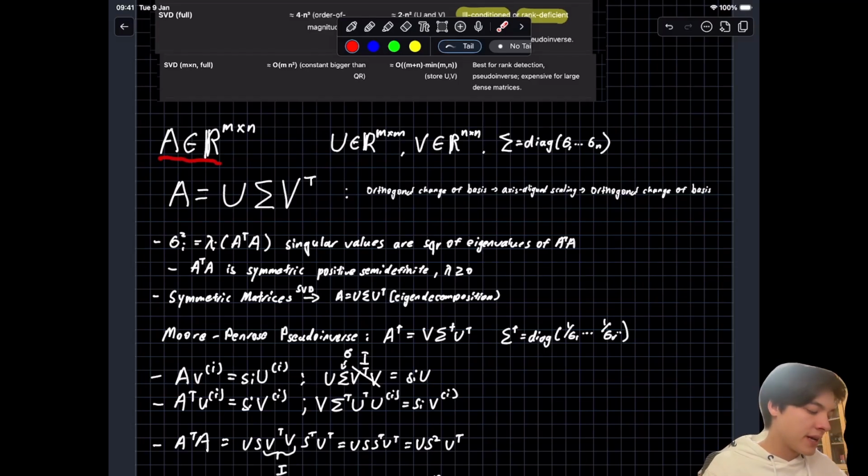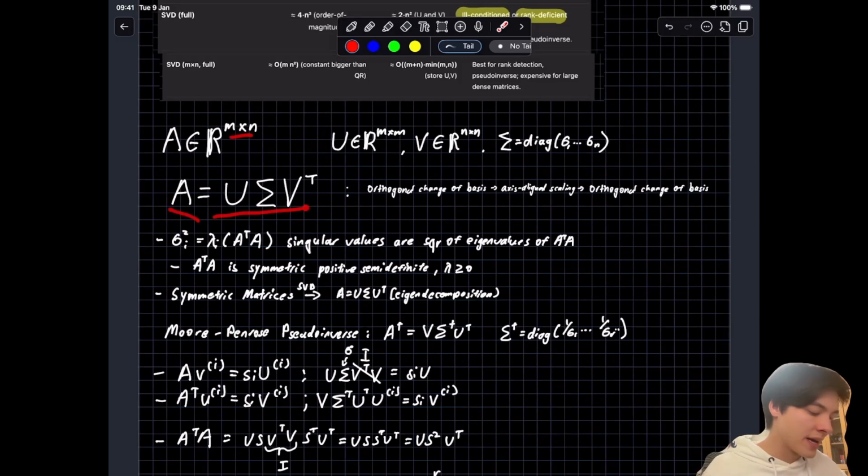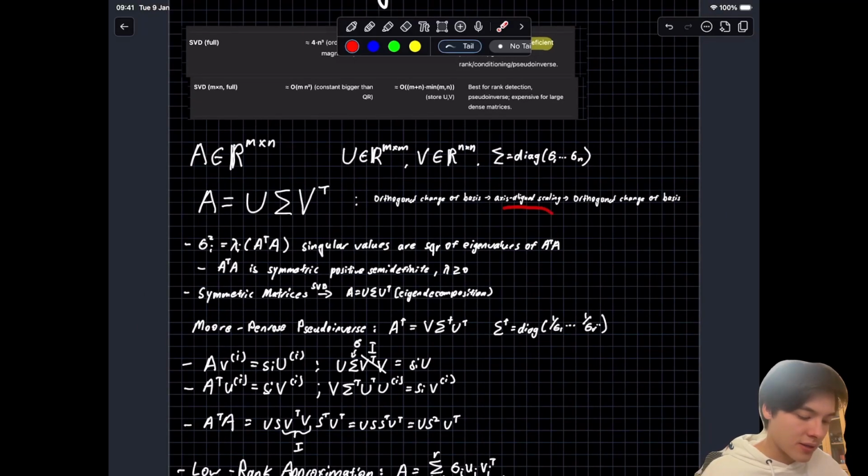We have an A that's m times n, and then we get a U that's m by m, a V that's n by n, and a diagonal matrix of the original size m by n, and then we can write A like this. This is an orthogonal change of bases, axis-aligned scaling, and then another orthogonal change of bases.